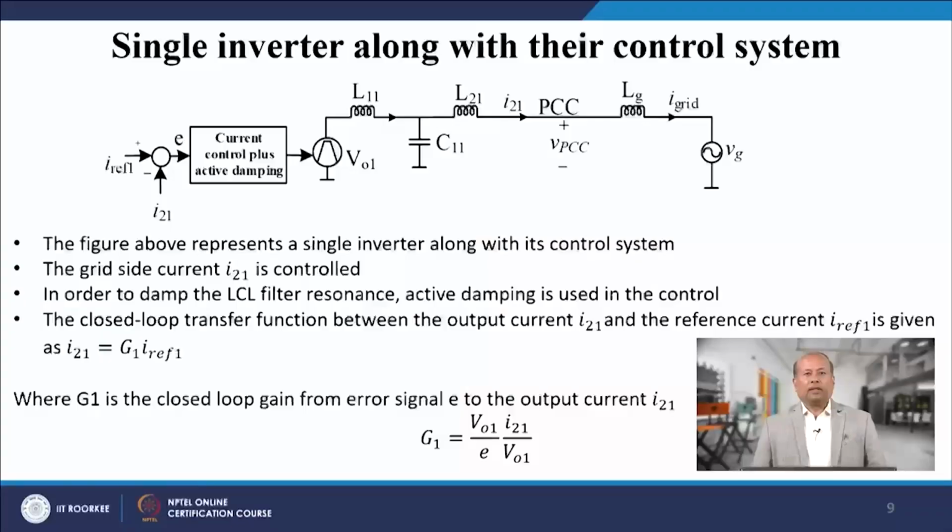Also, these currents flow between the two inverters and their frequency of oscillation is equal to the resonant frequency of the LCL filters. Now, we will understand how these two current components, interactive and common, are generated.